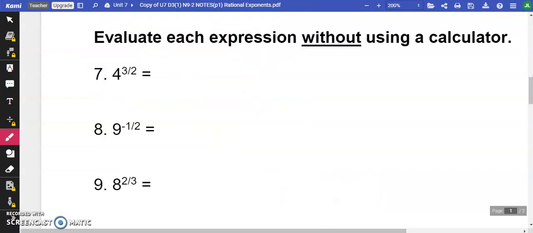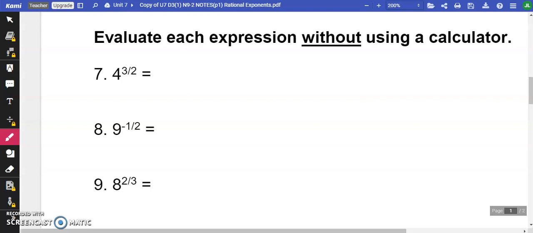All right, so for these next ones, we're going to evaluate them without using a calculator. So basically, what that means is we're just going to simplify them down as much as possible. So once again, the bottom of each fraction represents your root, which means the top of your fraction remains as an exponent.